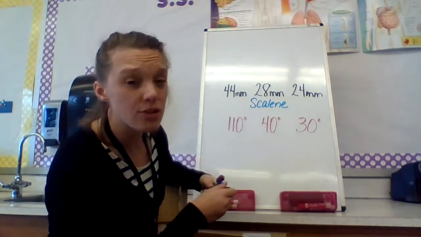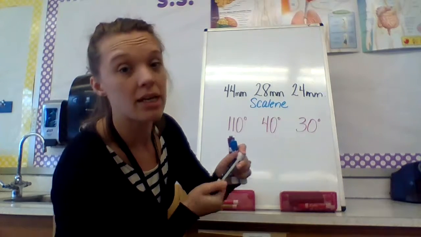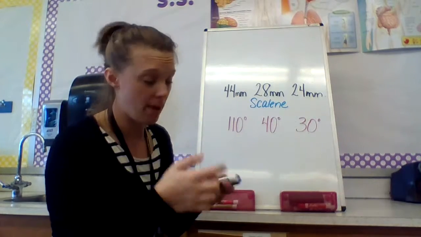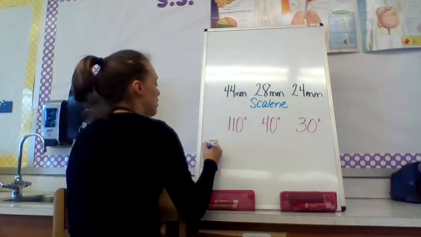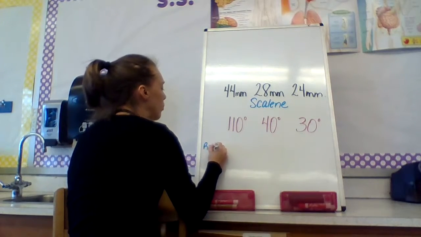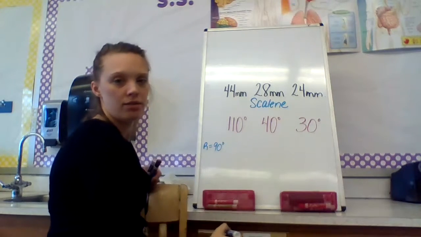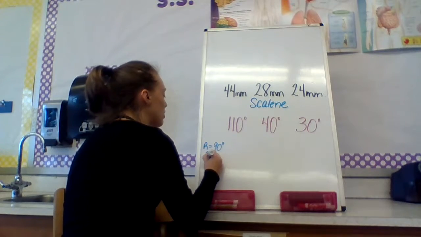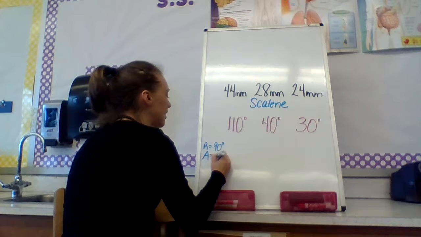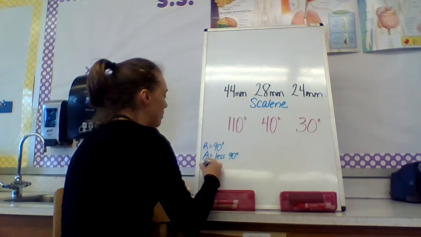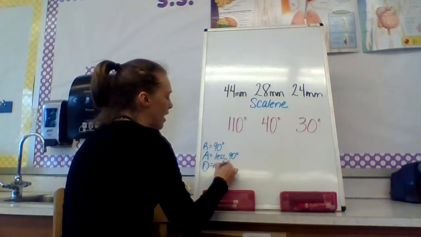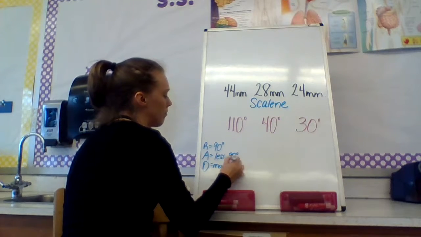And you learned this in 4th grade. But in case you need a little help remembering, I'll do a little cheat sheet for you. So a right angle equals 90 degrees. An acute angle is less than 90 degrees. And obtuse is more than 90 degrees.